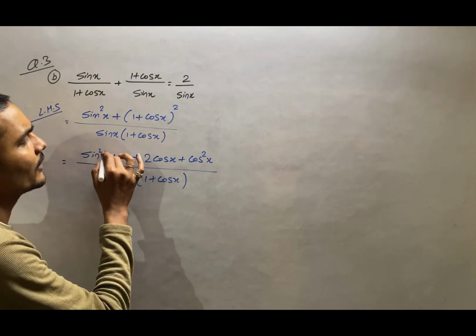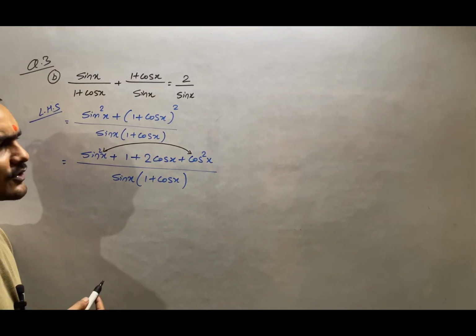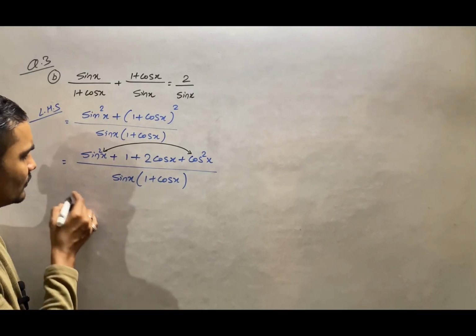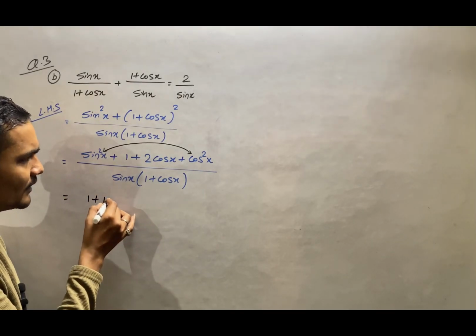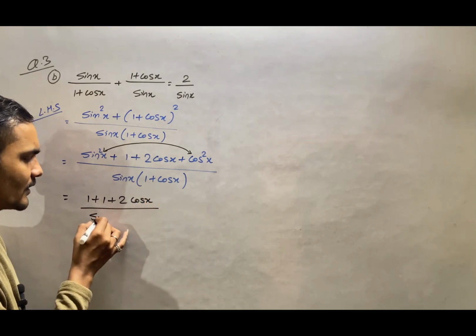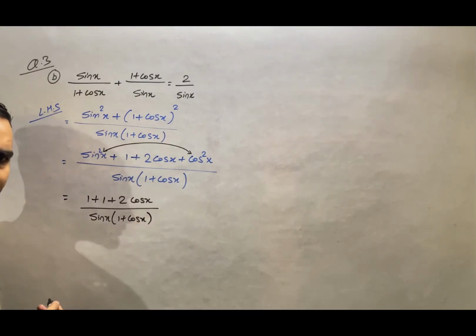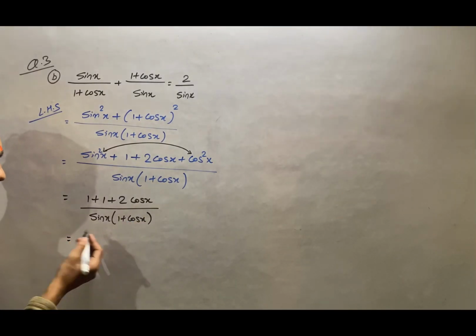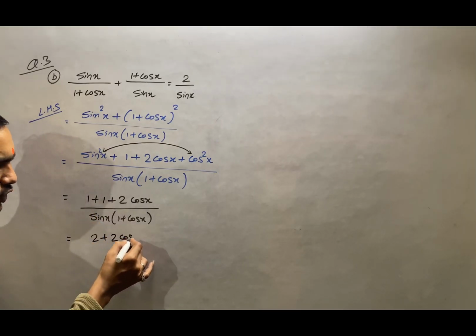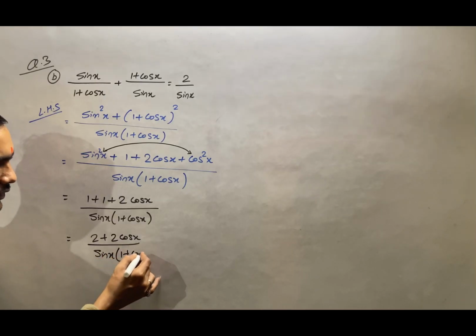So can we make this sine square of x plus cos square of x is 1? So we can say 1 plus 1 plus 2 cos of x over sine x times 1 plus cos of x. So let's make one more step. 1 plus 1 is 2 plus 2 cos of x over sine x times 1 plus cos of x.